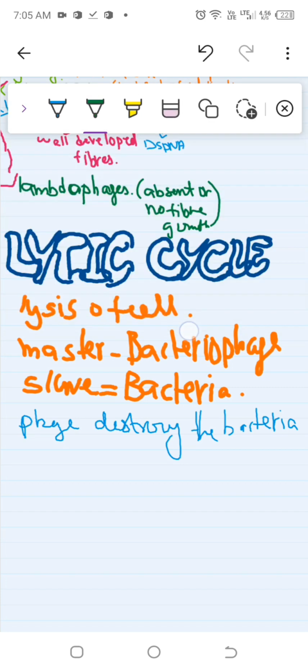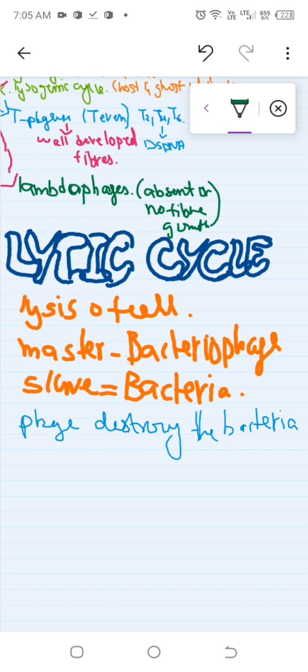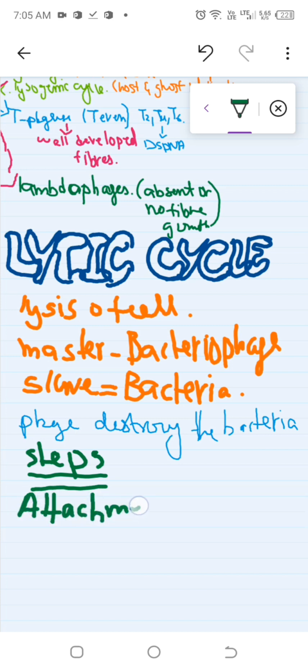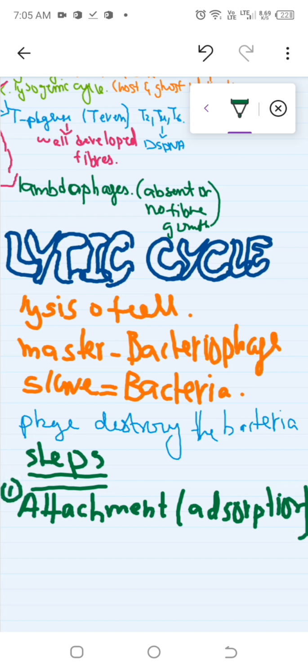This phase is completed in the following steps. The first step is attachment or adsorption. The second is genome penetration.